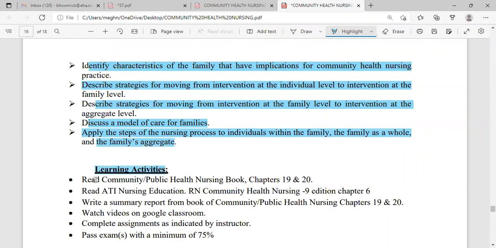Learning activities. Read Community and Public Health Nursing book, chapters 19 and 20. Or you can read ATI Nursing Education, RN Community Health Nursing, 9th edition, chapter 6, or write a summary report from the book Community and Public Health Nursing, chapters 19 and 20.